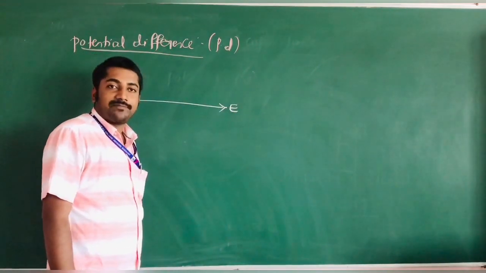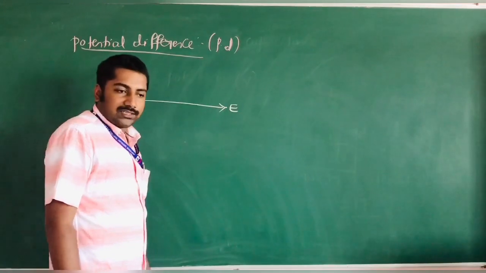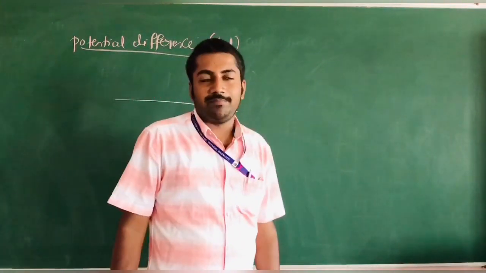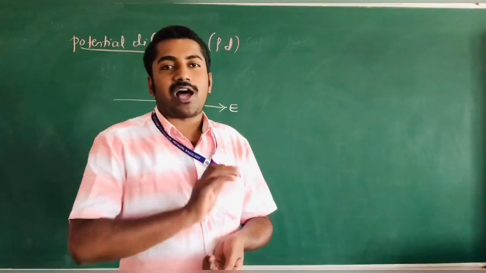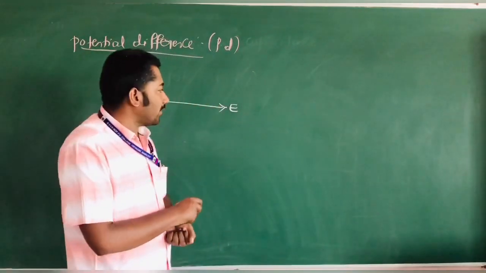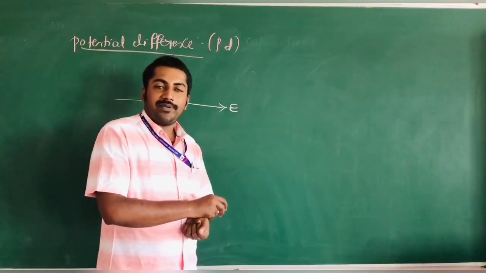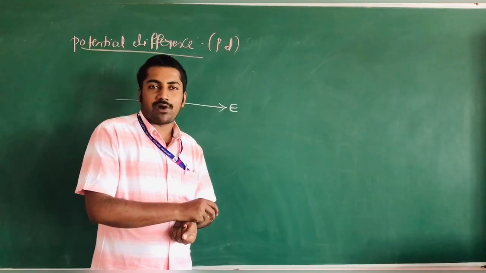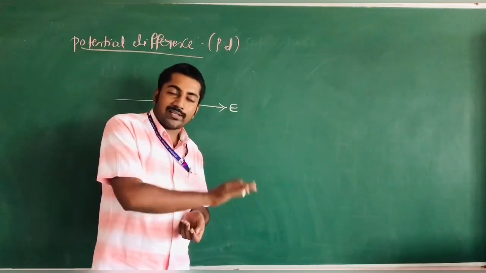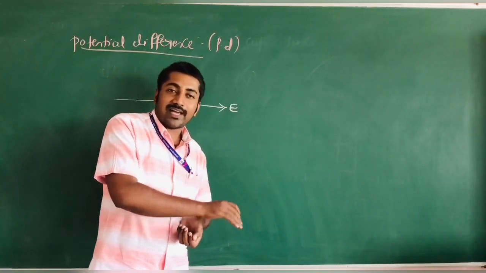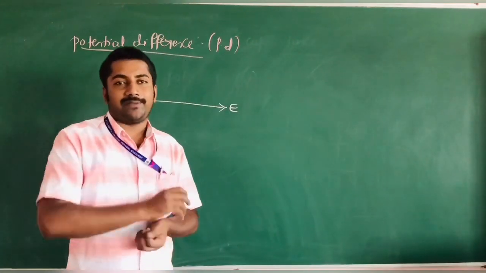Potential difference in an electric field is defined as the amount of work done in bringing a unit positive charge from one point to another point in the direction opposite to the electric field.